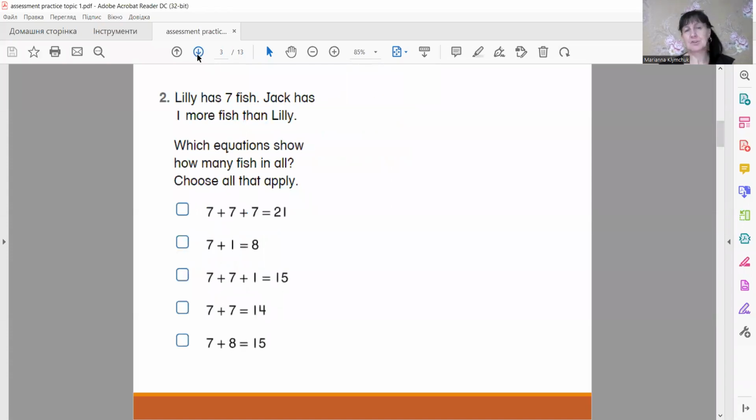Okay, task number 2 is a little bit, I can say, complicated. We will see, maybe it will not be in the quiz, but still I'm explaining it to you. Again, we read very attentively. Lily has 7 fish, so number 7. Jack has 1 more fish than Lily, okay?